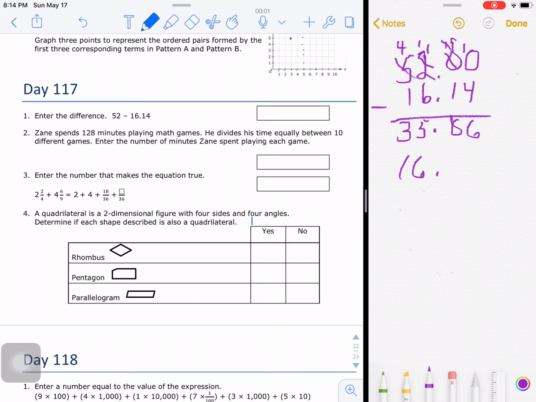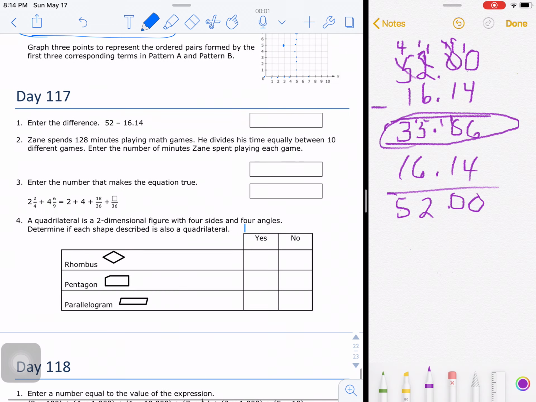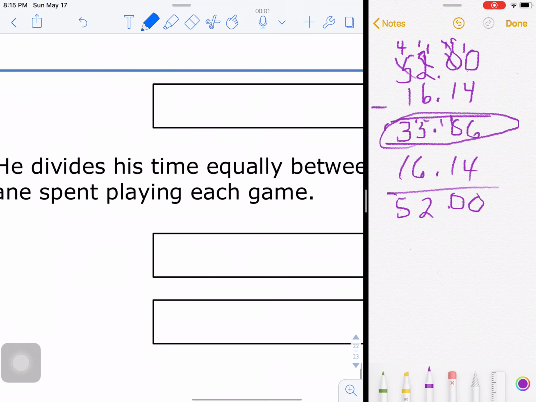So I'm going to add 16 and 14 hundredths, and I should end up with 52. And I do. So there we have it. Our difference is 35 and 86 hundredths.